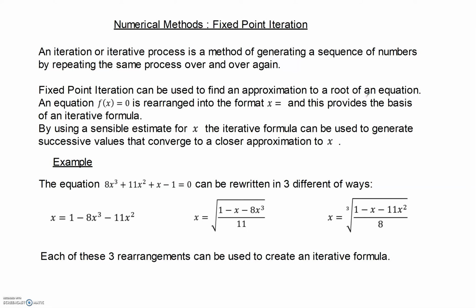And the second way is to isolate the 11x squared and then divide by 11 and square root. And the third way is to isolate the 8x cubed term and then divide by 8 and cube root. So the algebraic way of going from the equation to those three different iterative formulae should be pretty straightforward.